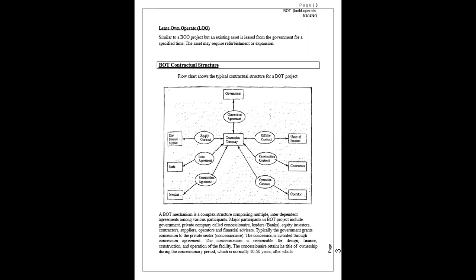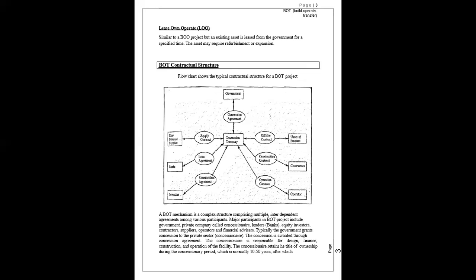Generally, whatever these lease, own and operate type agreements are there, or in general we can say lease agreement, this may be of 99 years.